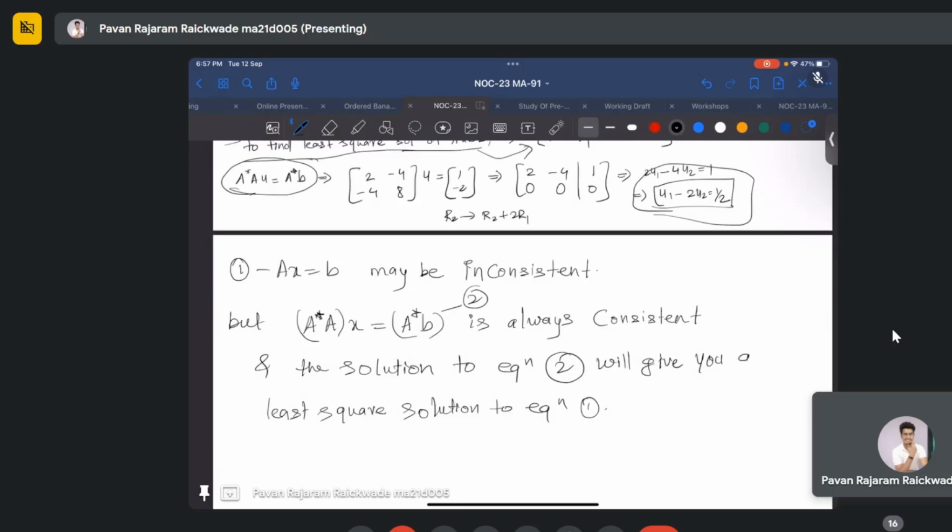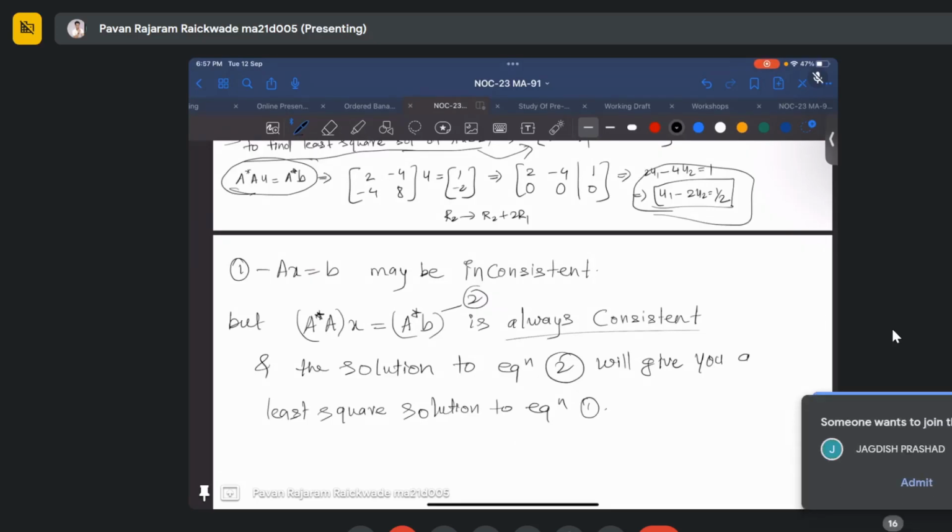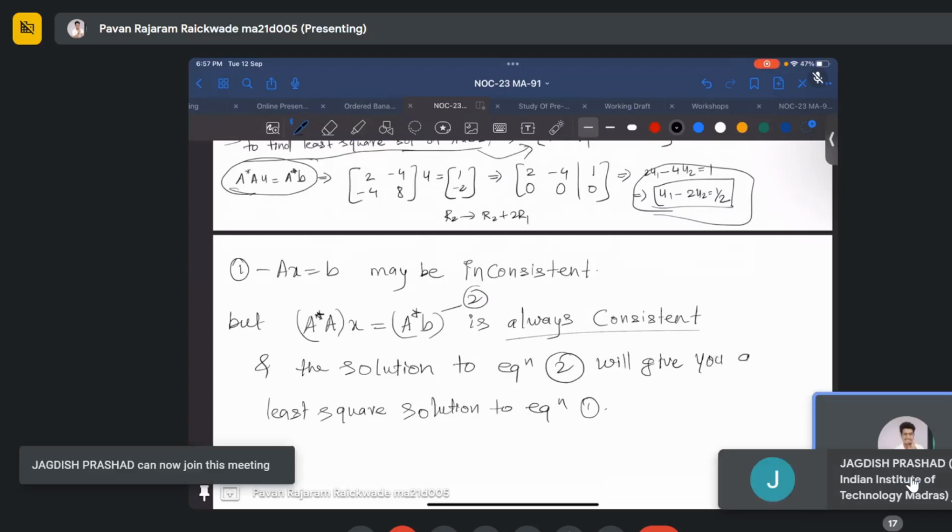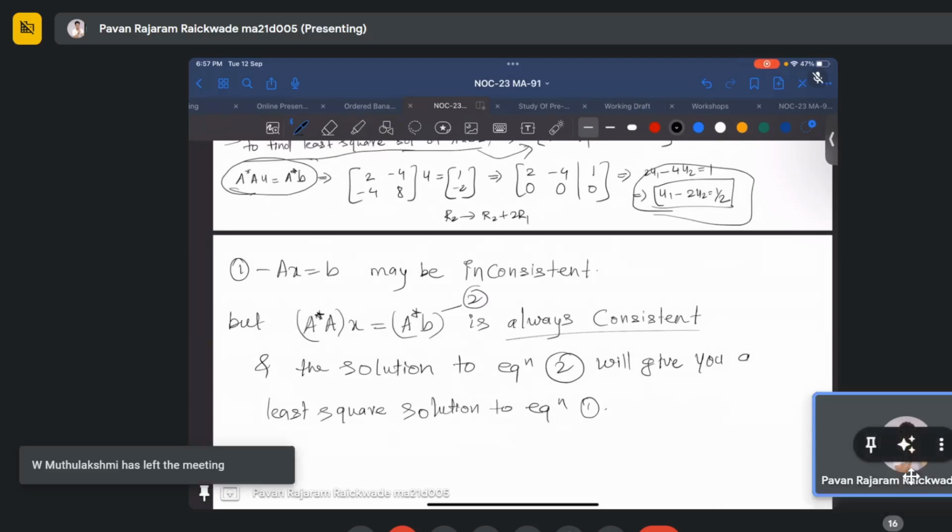Yes, sir. So can anyone prove to me or tell me why this system A star Ax equals to A star b is always consistent? Now I want to prove that the system A star Ax equals to A star b is always consistent for any b you take in Rn.